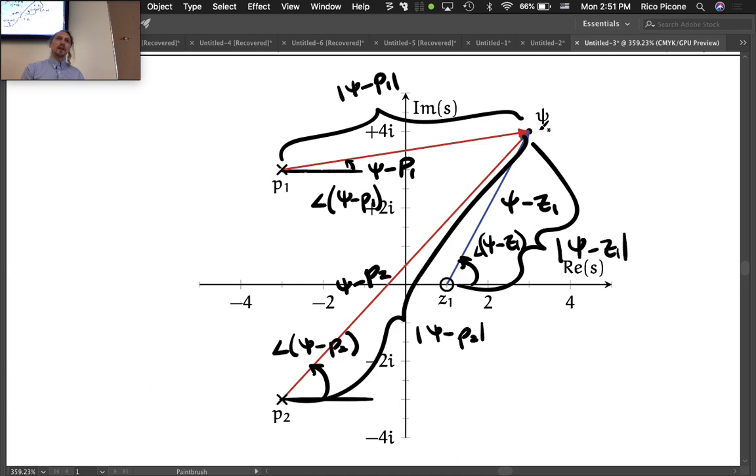We'll use the magnitude and phase criteria to guide us to know if this point is on the locus or if it is not. Okay? All right.